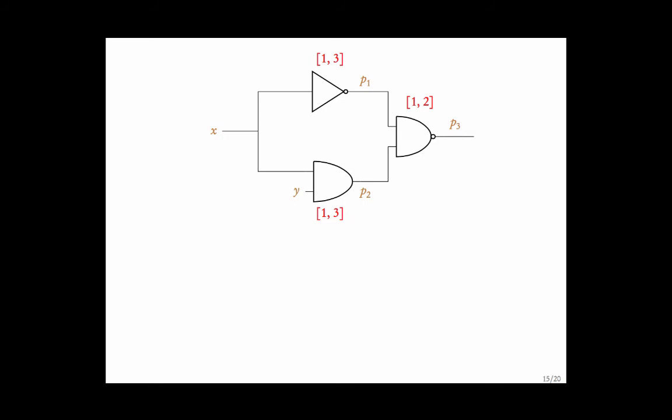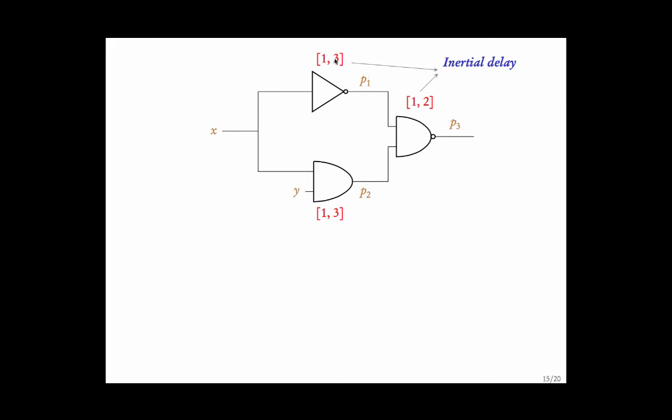However, there could be some non-negative time between the change to the input and the change to the output. So this is called inertial delay. This says that when the signal changes, the NOT gate needs at least one time unit to change its output.